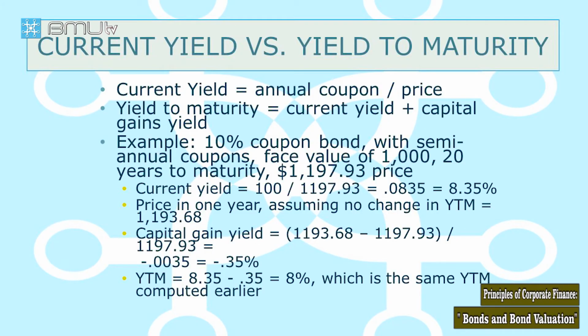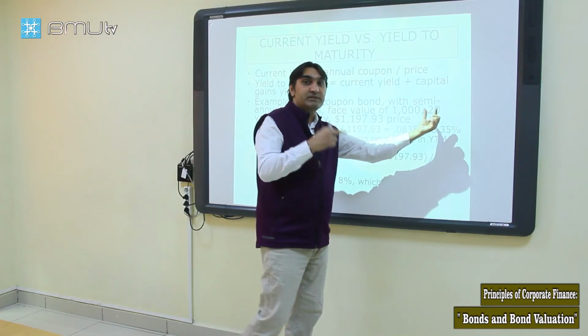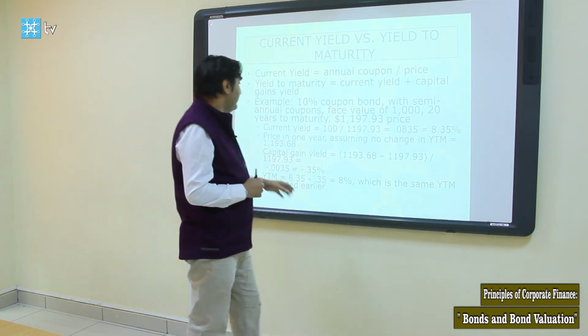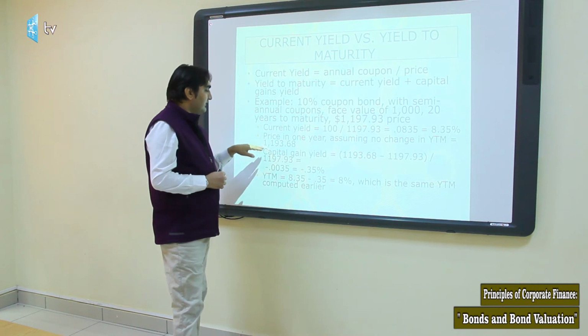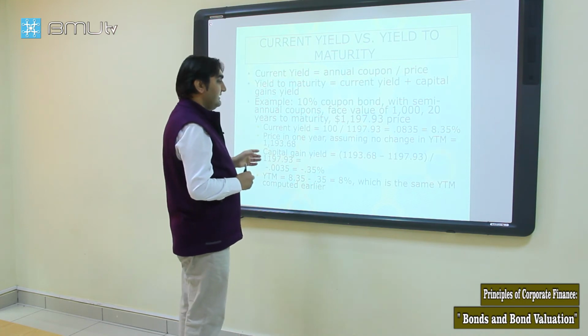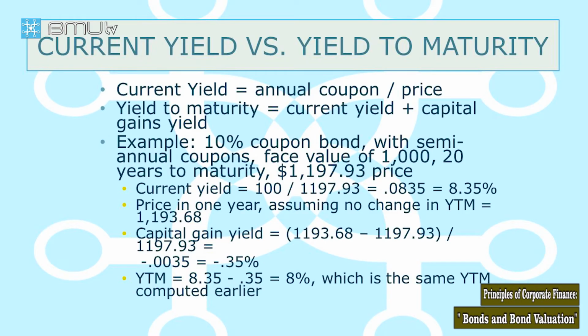Price in 1 year, assuming no change in yield to maturity, that's calculating the price with the same yield to maturity but with a period of 19 years. In 1 year, 1 year has passed, so the remaining maturity is 19 years. Price will be $1,193.63.